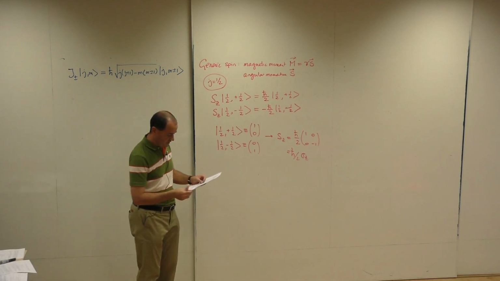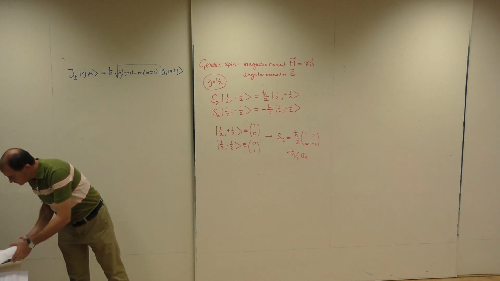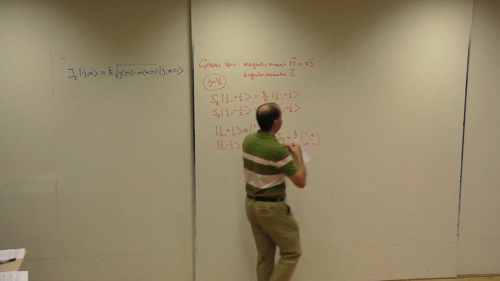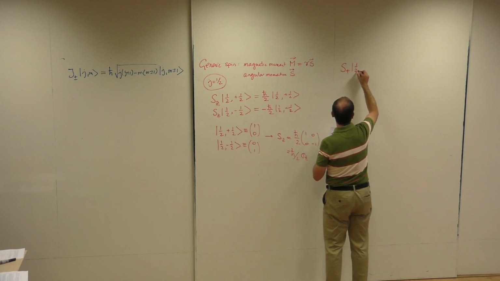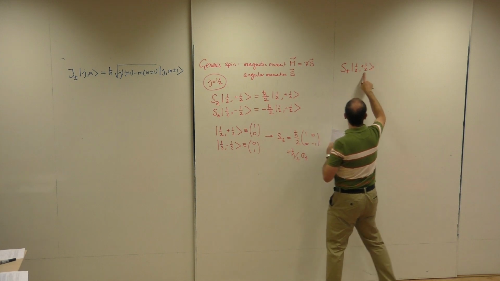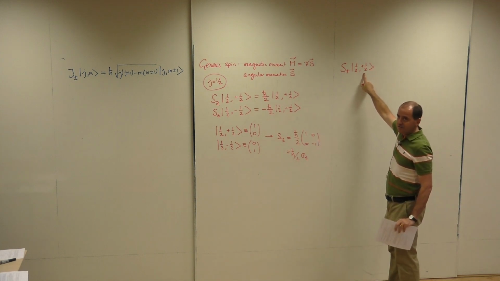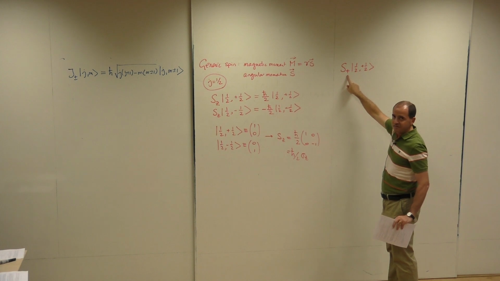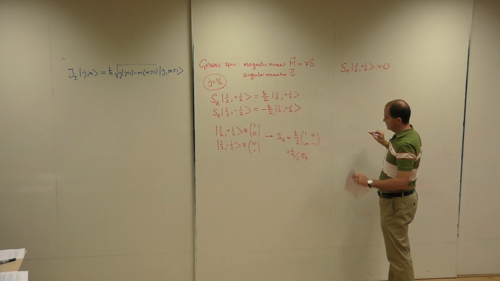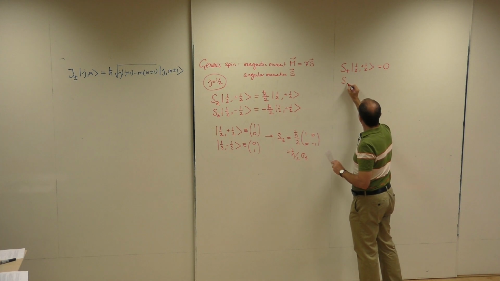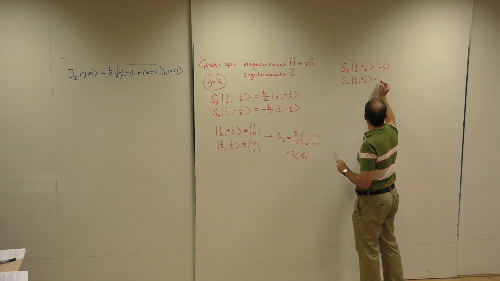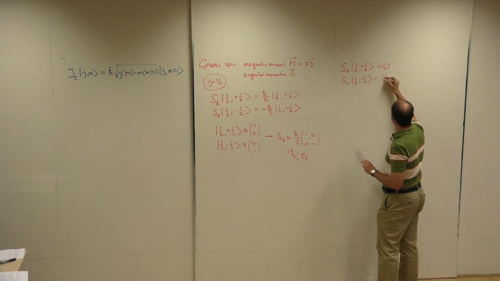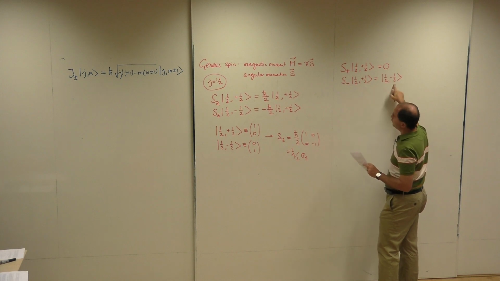So let's see what we have there. S plus on 1/2, plus 1/2. Well, plus 1/2 is already the maximum, and we're trying to apply S plus, so this is going to be killed. S minus on 1/2, plus 1/2: well, we're going to lower by 1, but there's a coefficient in front.